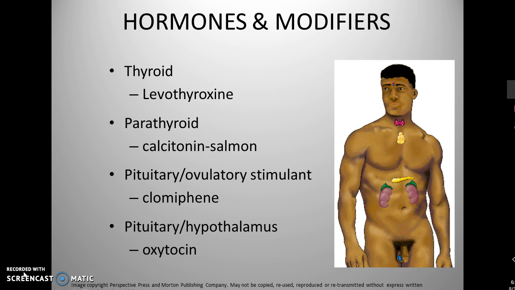During birthing, to help the baby come out through the birth canal, you can give oxytocin, which affects the pituitary and hypothalamus.